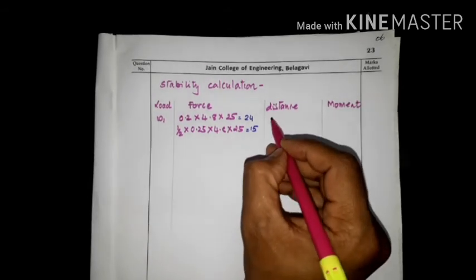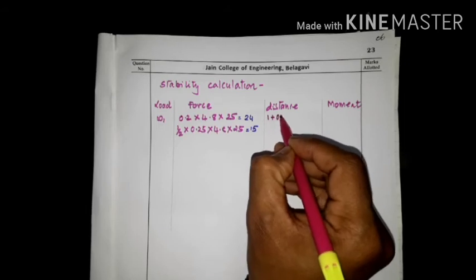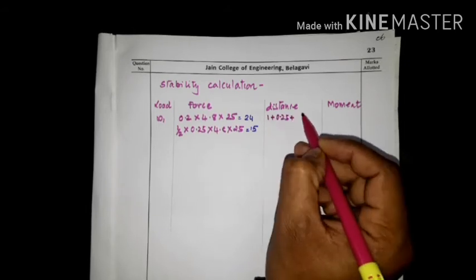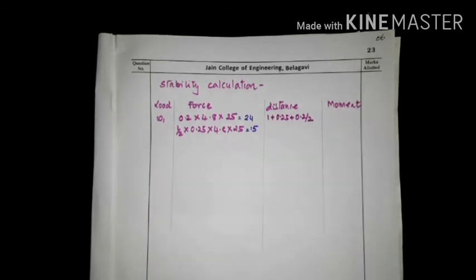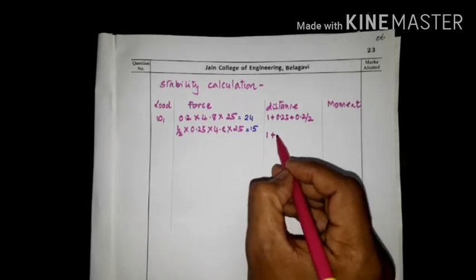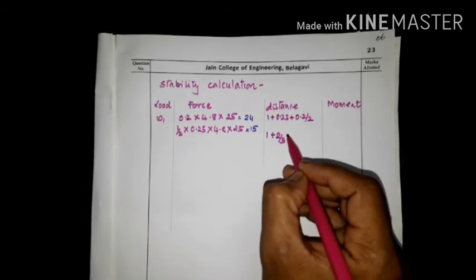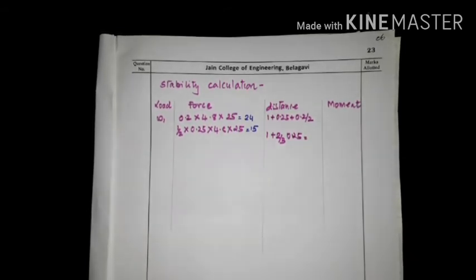Okay, so now the distance, the distance from toe. I'll write here, then I'll explain. 1 plus 0.25 plus 0.2 by 2 for rectangular, and for triangular it is 1 plus 2/3 of 0.25. Okay, so I'll explain here.